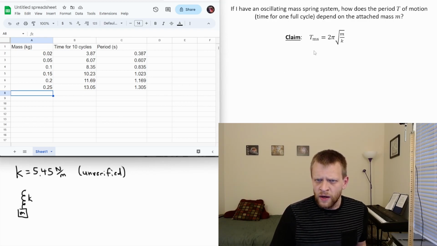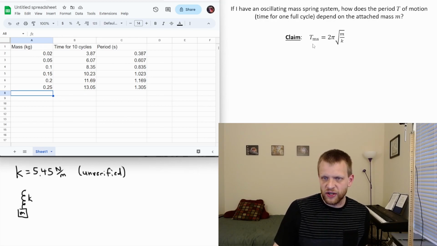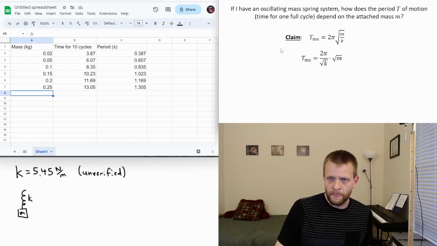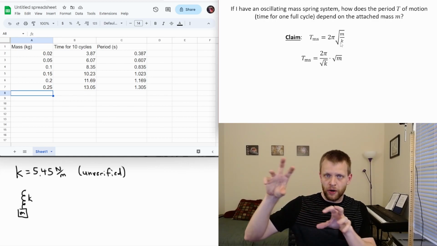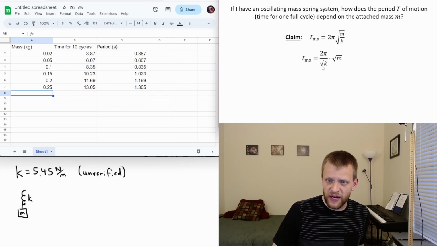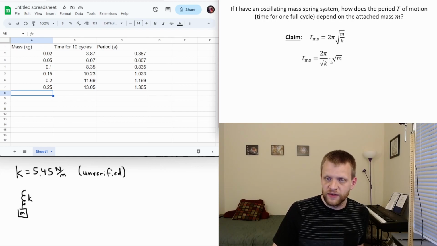Okay. I can actually rewrite this claim in a slightly different way. If I take this square root of m over k, I can pull apart those two square root values, and I can write this as 2 pi divided by the square root of k times the square root of the mass.